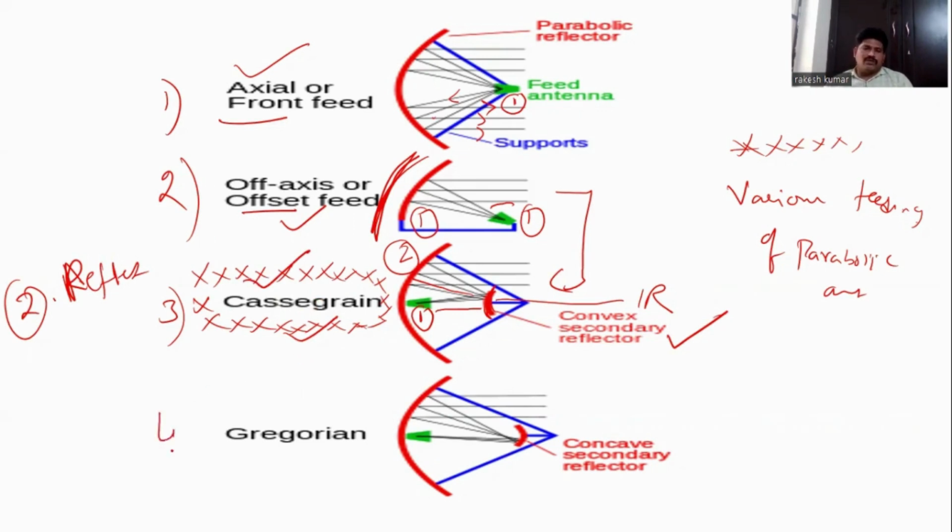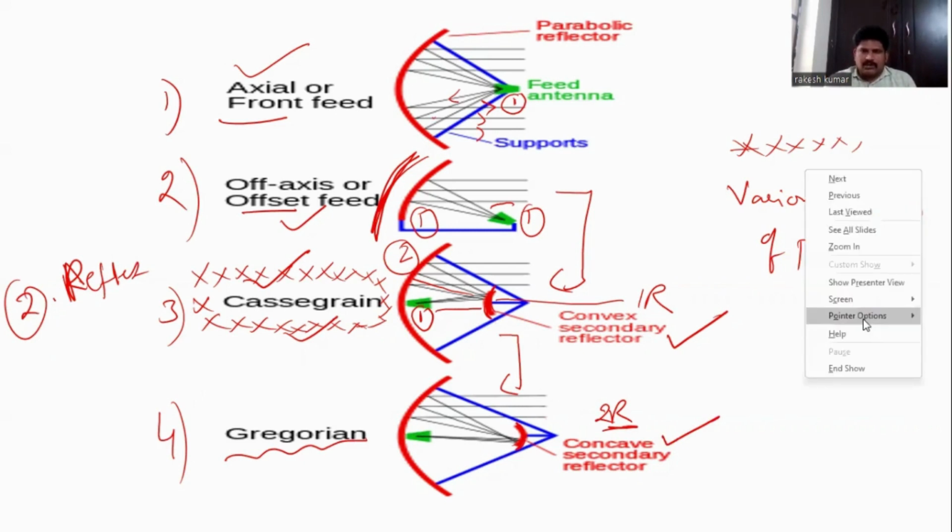The fourth one is Gregorian. What is the difference between Cassegrain and Gregorian? Here also two reflectors will be there, but what is the shape of the first reflector? It is concave.